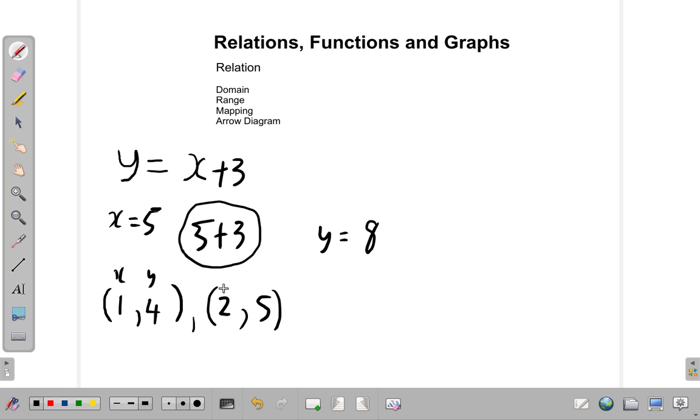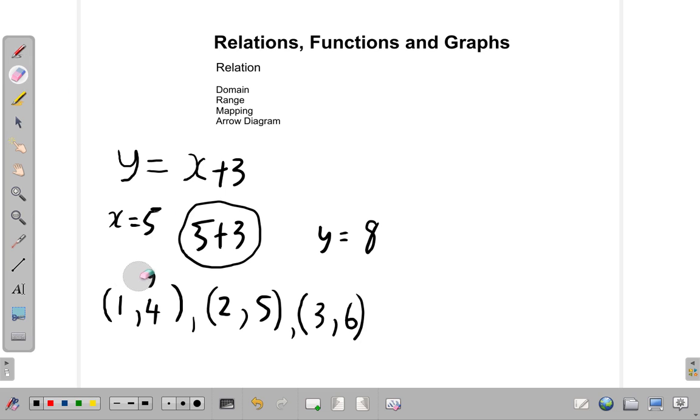Remember, going from left to right, the first number is our x and the second number is our y. We have a 3. As we add 3 to 3, we get 6. You see that? 3 plus 3 is equal to 6, just like how 2 plus 3 is equal to 5.